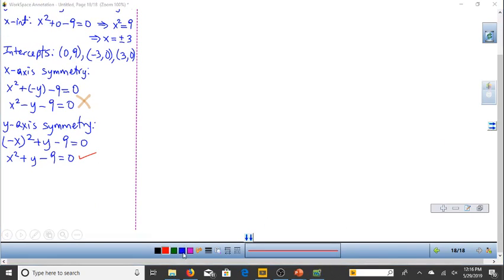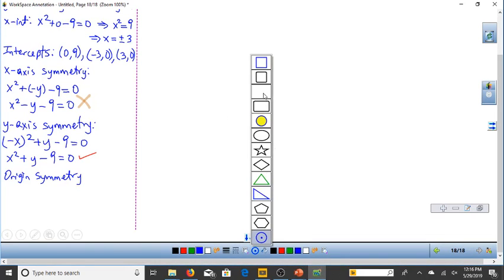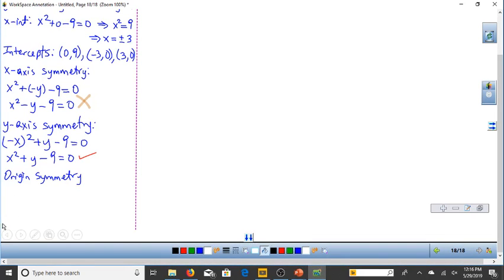Now let's check finally for origin symmetry. If this graph has origin symmetry, then what we would need to do to verify that is replace all the x's with negative x and all the y's with negative y, and see if we get the same equation as before.